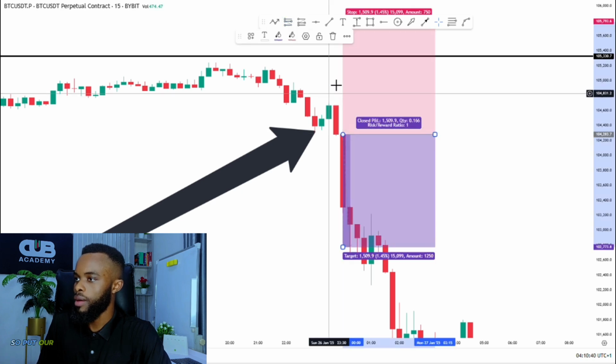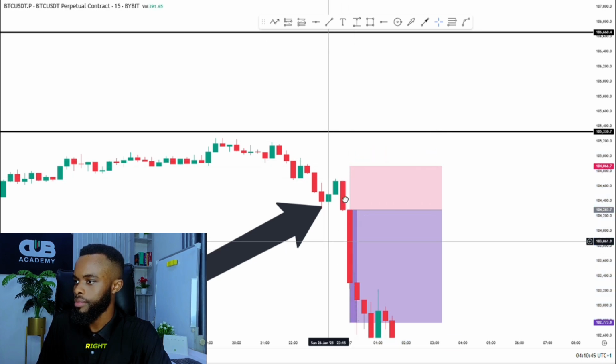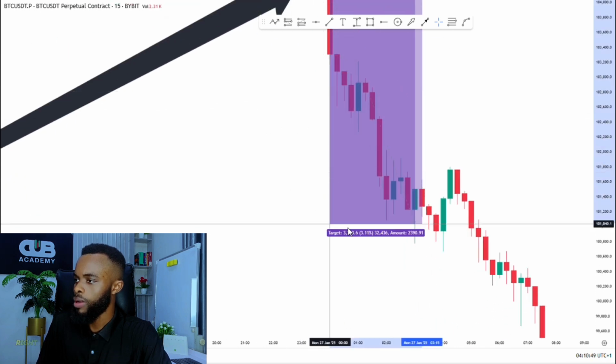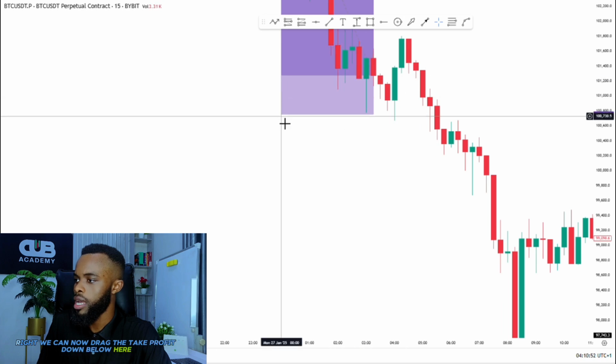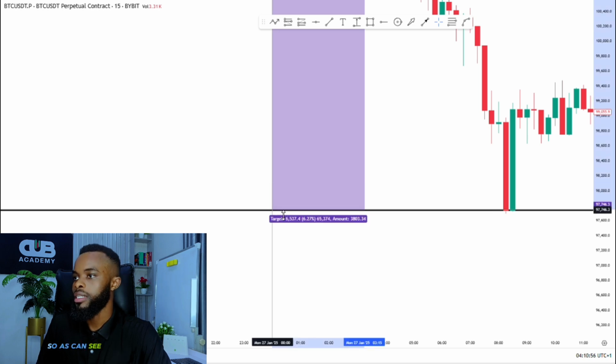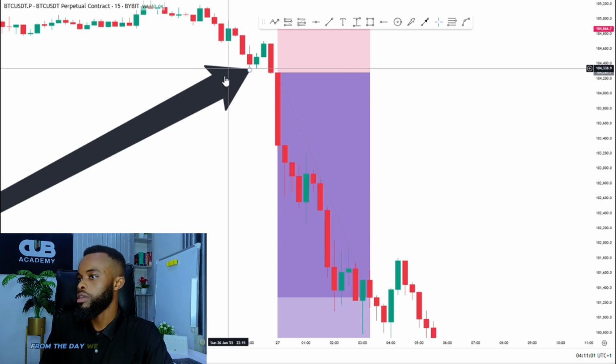So we put our stop loss above the high of the candle, right? Then we can drag the take profit down below, to the demand level. As you can see, this trade gives us up to 11 risk to reward ratio from the day we took the trade.